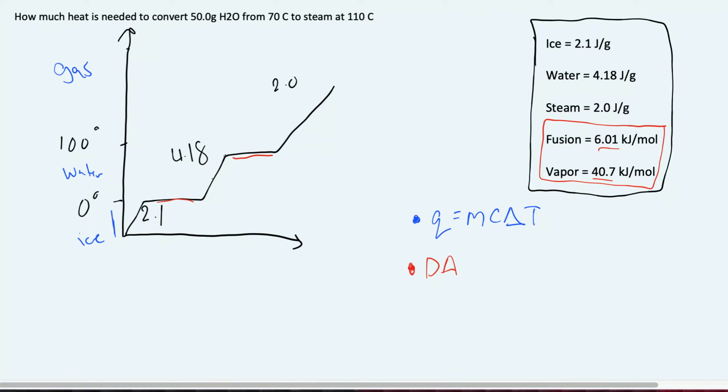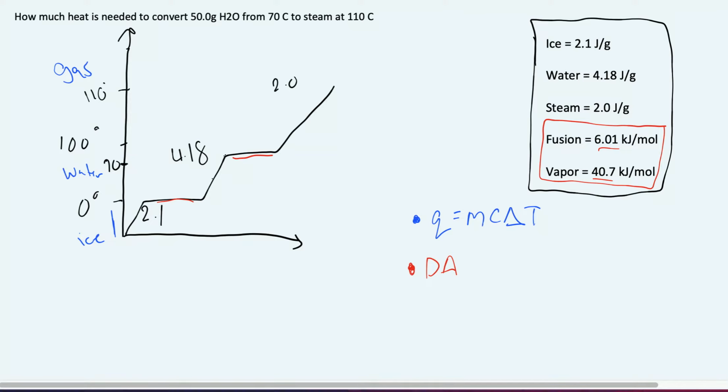So the next step that I like to do, that I encourage you to do as well, is to map out your equation. You're given 70 degrees Celsius. This is where you're starting. So you're starting here at 70. And then the next step is to map out how you're going to travel up to your destination, which is 110, right here.